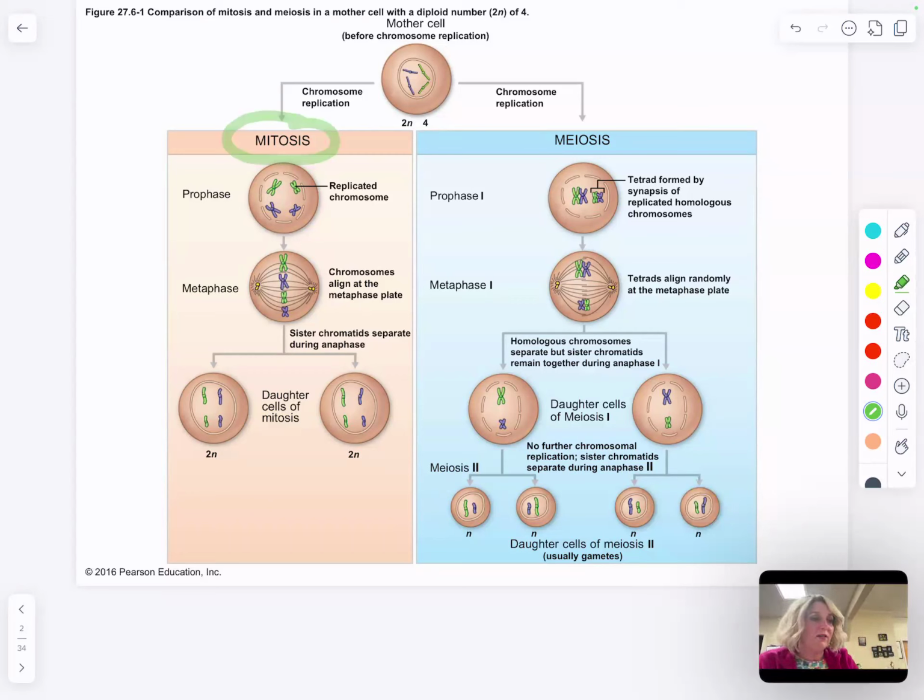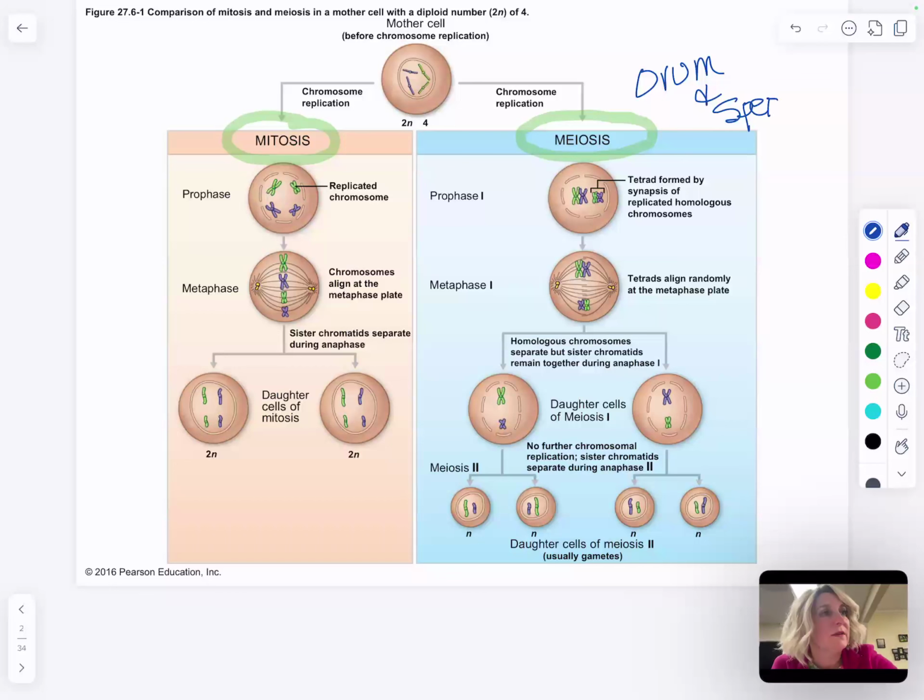The only cells that don't go through mitosis and go through meiosis are the sex cells, the ovum and the sperm. So ovum and sperm, and this is everything else. Everything else goes through mitosis.